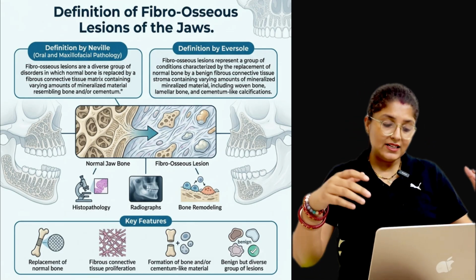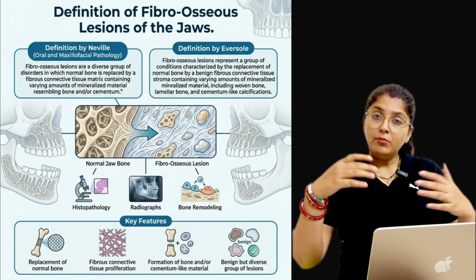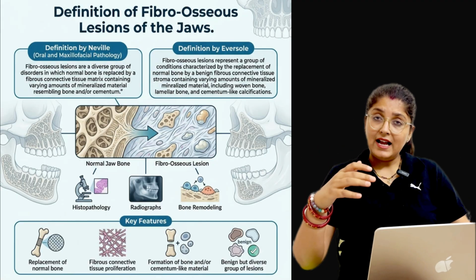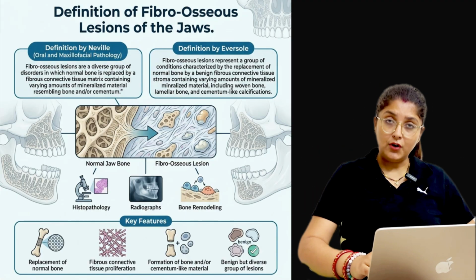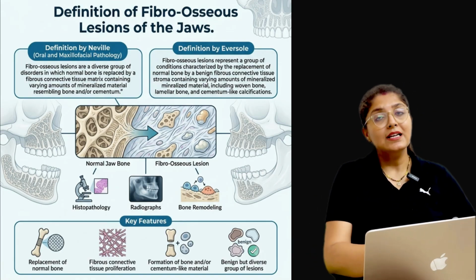Fine. So basically again it says that the normal bone gets replaced by the cellular fibrous connective tissue, within which non-functional osseous structures form, and so they are considered as fibro-osseous lesions.